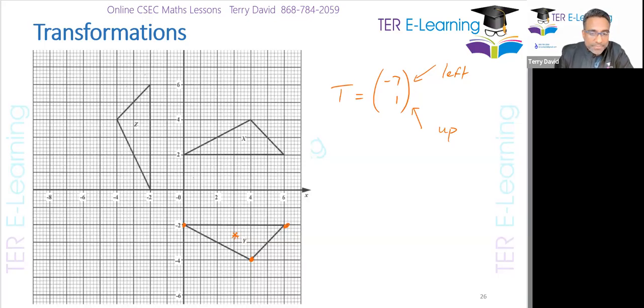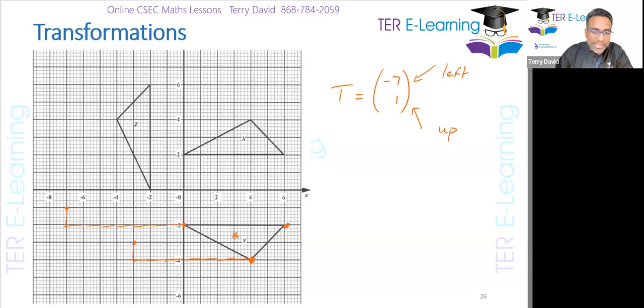So let's count. 1, 2, 3, 4, 5, 6, 7 units here. And then you're going to go 1 up. So this here will be my translated point. Do the same thing with this one here. We go 1, 2, 3, 4, 5, 6, 7, and then 1 up.